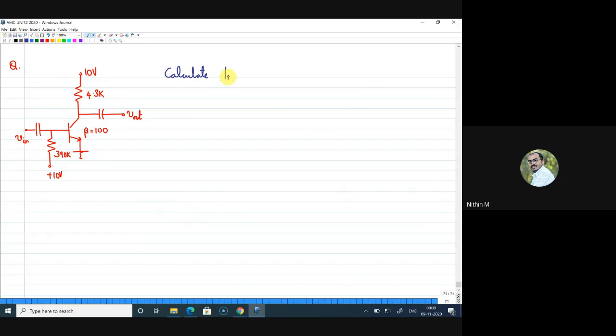So far we have taken only the standard circuits. Now slight modifications will be there, but still you can find what amplifier it is. You are asked to calculate IB, IC, and RE. Also, the question is to determine Zin, which is input impedance, Z out, output impedance, and voltage gain AV under two cases. One is you can consider R naught as infinity, and the second case is you can consider R naught as 50K.